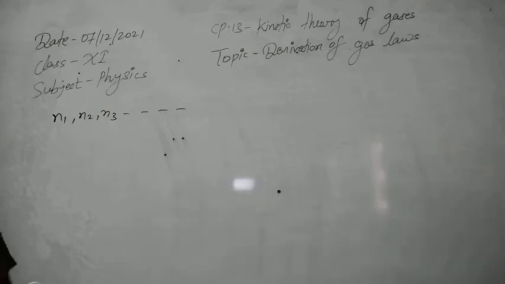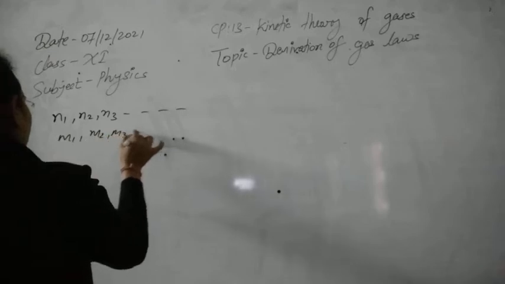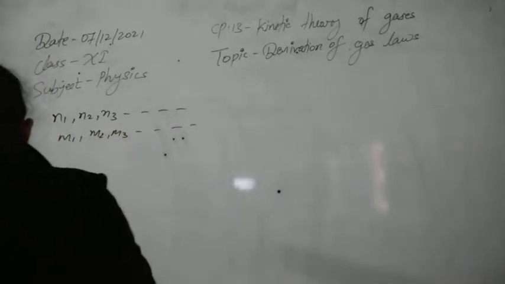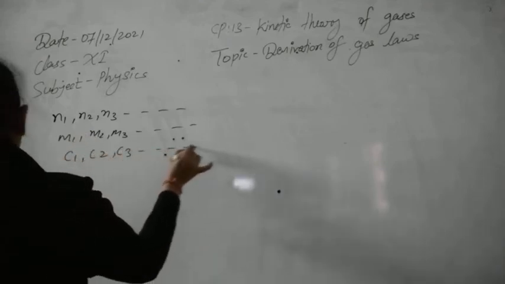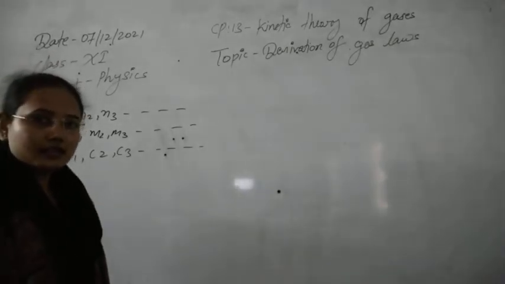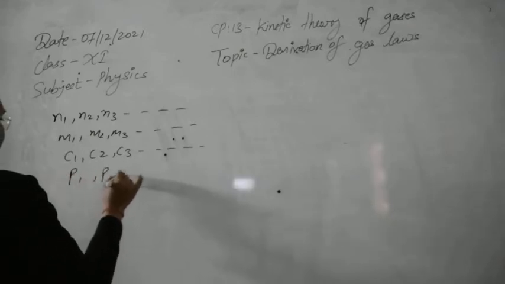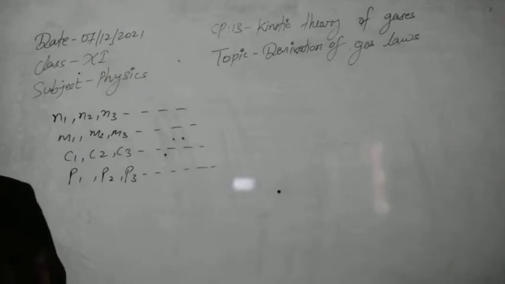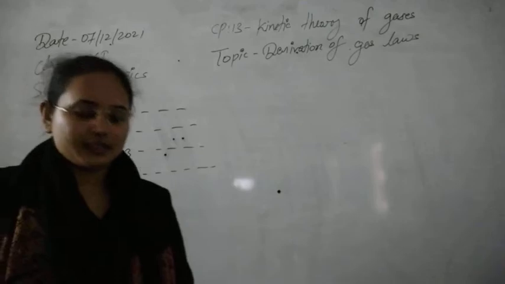Let m1, m2, m3 be the masses of each molecule of the different gases. Let c1, c2, c3 be the RMS velocities of the molecules of the different gases. And let P1, P2, P3 be the partial pressures exerted by the various gases.